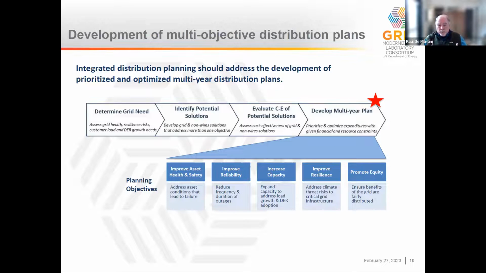As part of the early part of the planning process, as an input into the planning process, it's important to have clarity around the planning objectives for your specific jurisdiction, for your particular utility, as well as prioritization, ideally, as to those specific objectives, because that can help inform both the needs identification process, but clearly at the last step in terms of looking at development of an overall multi-year plan that aligns to the particular needs of your jurisdiction. Next slide.